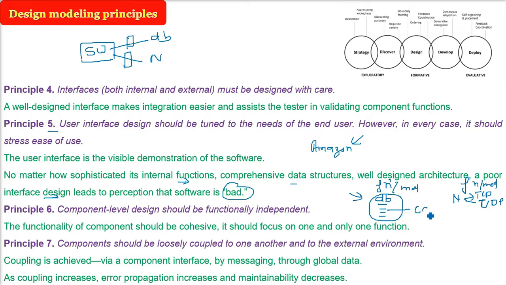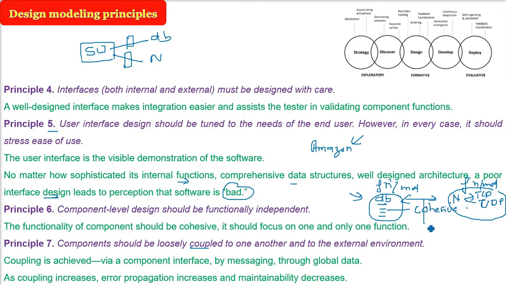The cohesion should be strong within a function, say lines, code, etc. or working. Coupling is between the database function and the networking function. The interdependency or the linking between these two should be as less as possible.